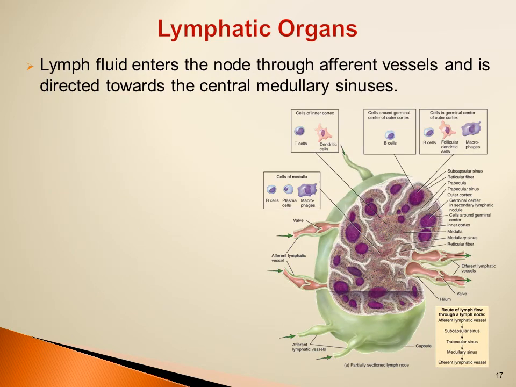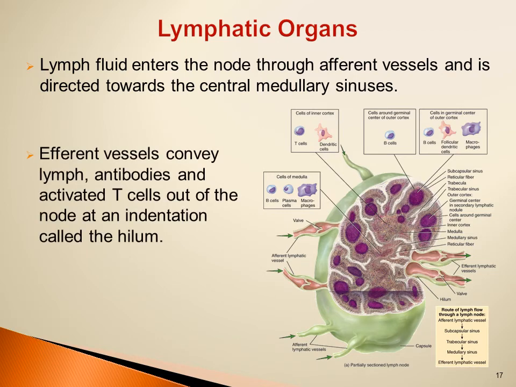Lymph as a fluid enters the node through afferent vessels and is directed towards the central medullary sinus. As you can see here, the lymph enters the lymph node from its surface through the afferent lymphatic vessels. Then efferent vessels convey lymph, antibodies and activated T cells out of the node at an indentation called the hilum.